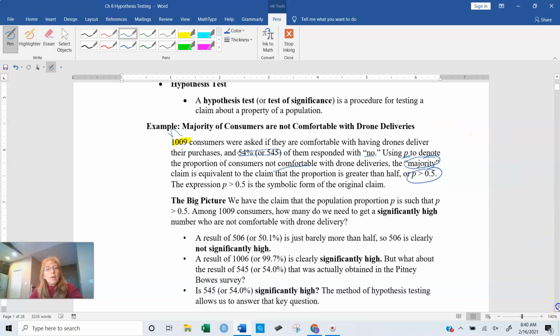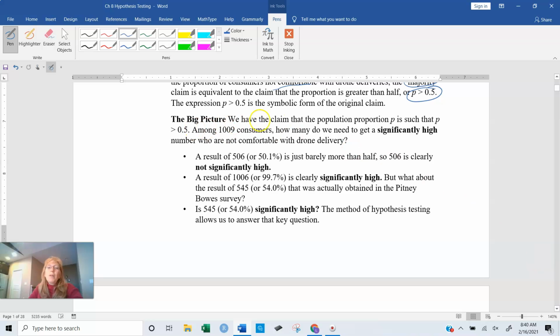So let's go through here. We have the claim that the population proportion p, that's what we're going to call it, is over 0.5, all right? Among the 1,009 consumers, how many do we need to get a significantly high number to say we're true or false? Okay, the result of 506, or 50.1% when you calculate it, is just barely more than half.